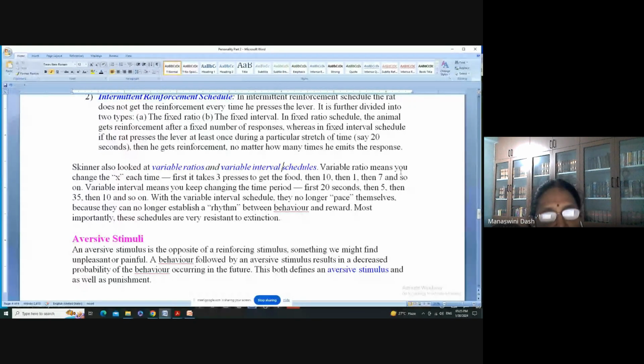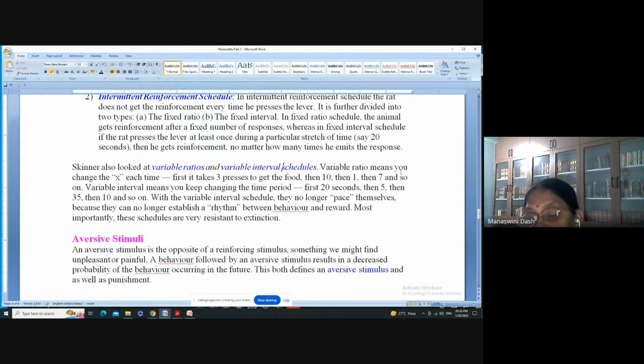Variable interval means you keep changing the time period. First, after 20 seconds, we reinforce the animal. Then after 5 seconds, then after 35 seconds. So with the variable interval schedule, they no longer pace themselves, because they can no longer establish a rhythm between behavior and reward.